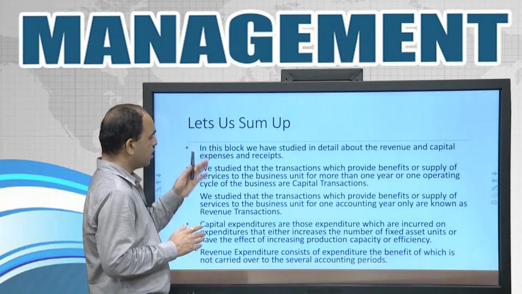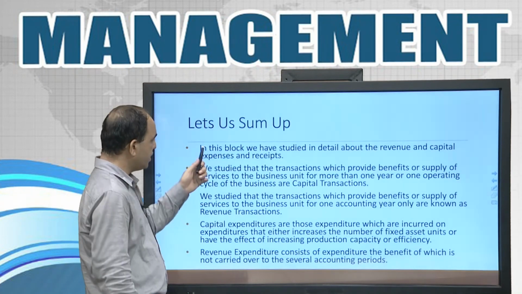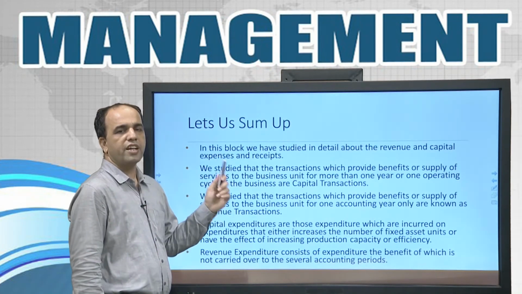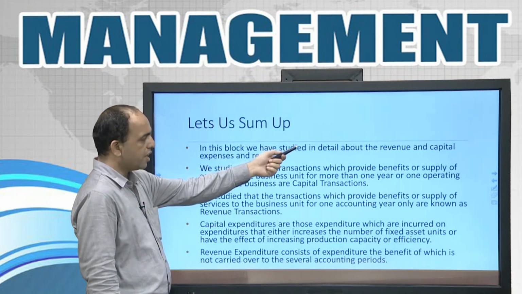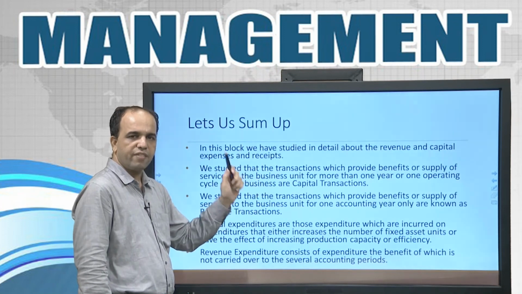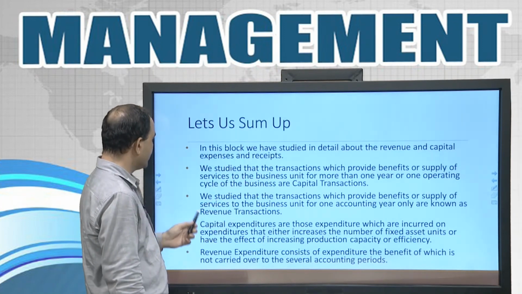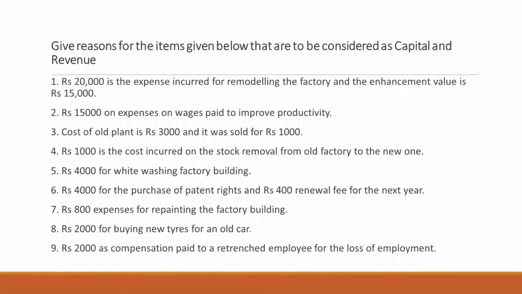Friends, in this block 3 unit 1, we have discussed the variety of revenue and capital transactions, mainly capital expenditure, capital receipt, revenue expenditure and revenue receipts. These are some examples.